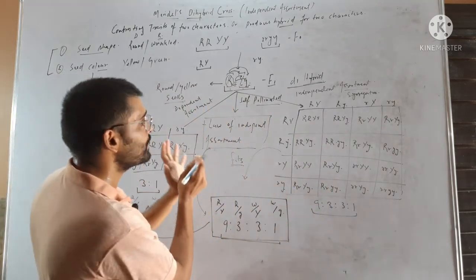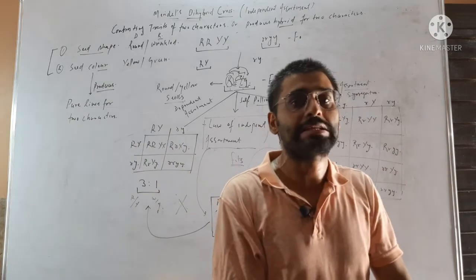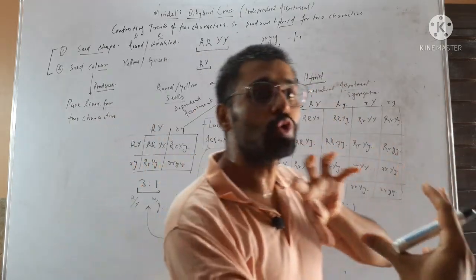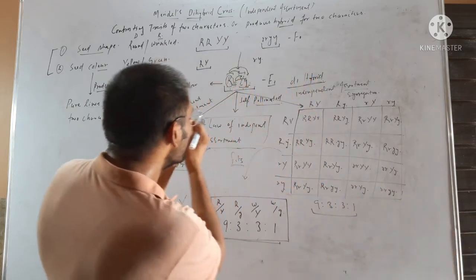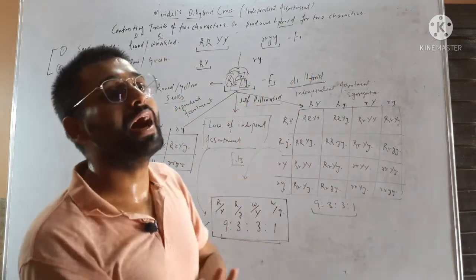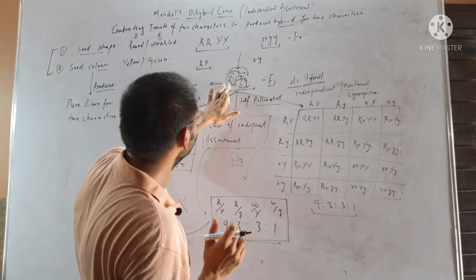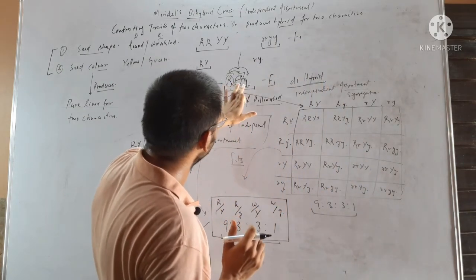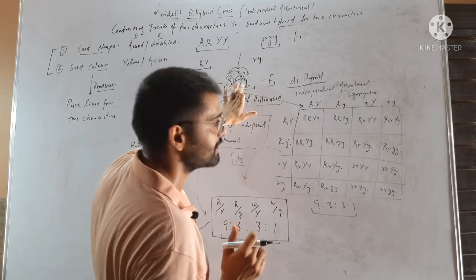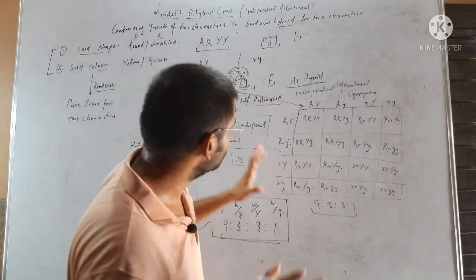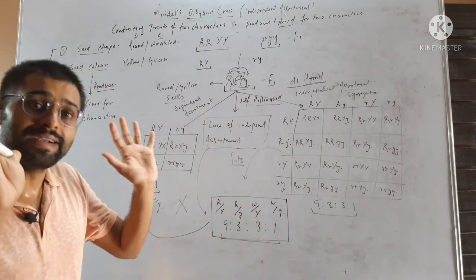The law of independent assortment simply says that if we cross two characters, then the alleles of one character are independent of the alleles of the other character. It means this allele can form a gamete with this, and this can form a gamete with this, this can form a gamete with this, and this can form a gamete with this. So this is the law of independent assortment.